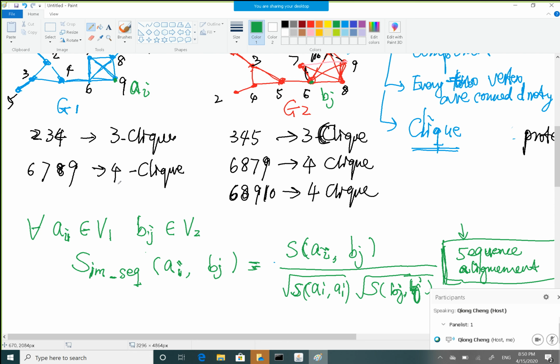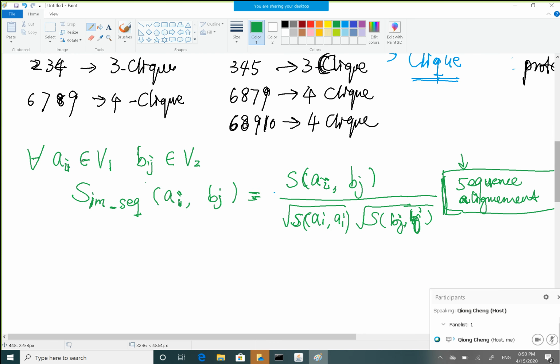Since the sequence lengths are different, when you compare different pairs, it is normalized. You treat them as normalized sequence alignment results, normalized based on the length, right? So this is the first calculation. And the second calculation is based on the function set.